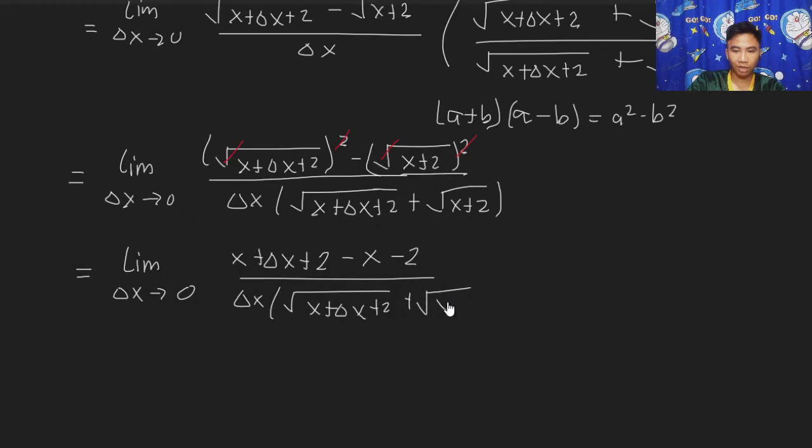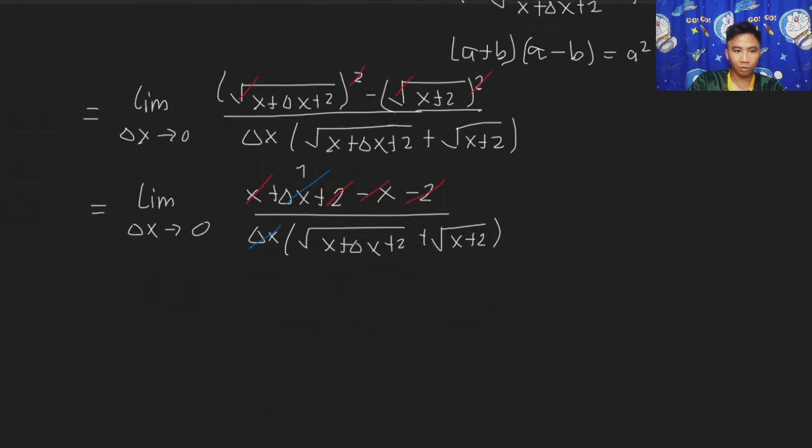So, just copy the denominator. And then, as you can see, you can now cancel, and also the delta x cancels. We now have 1 at the top.